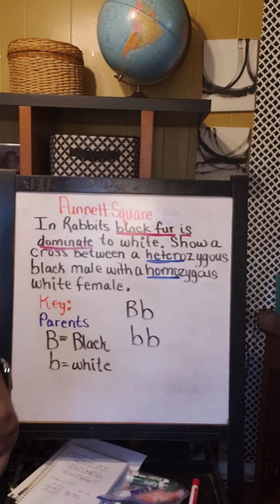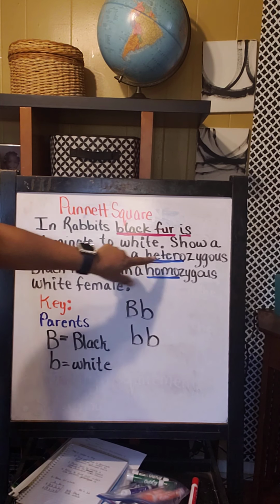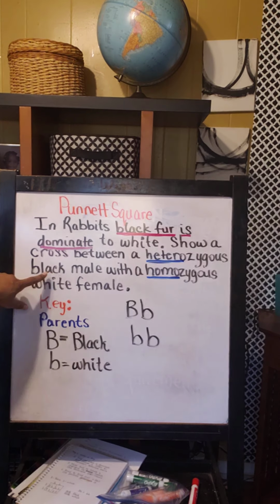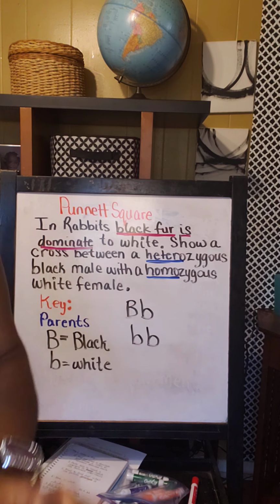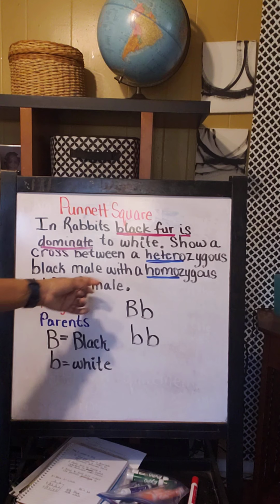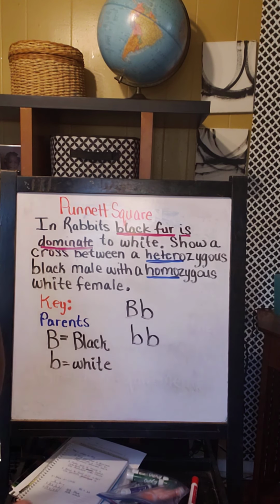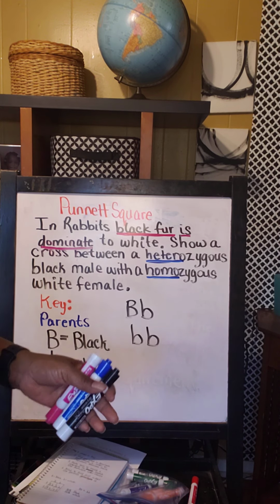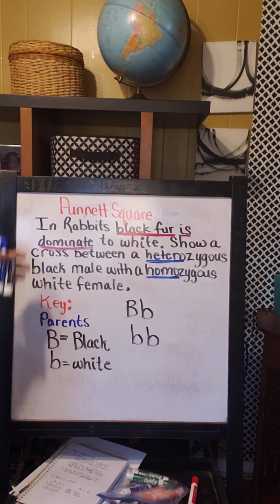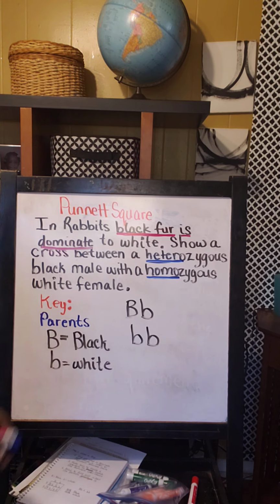They're always going to give a phenotype to help you understand what the genotype is. Show a cross between a heterozygous black male. The phenotype is we're going to cross a black male with a homozygous white female. Okay? This is where your posters are very important when making sure you understand the terminology so that you can set up your key first before solving your Punnett square.